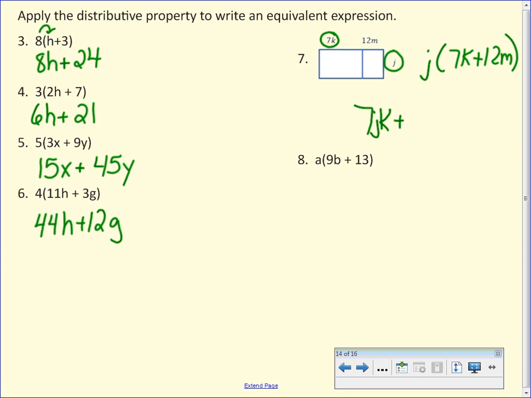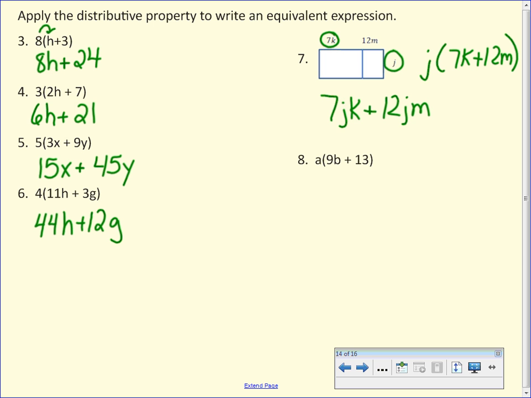So 7JK plus 12JM, so that our variables are in alphabetical order. Okay, you will lose points if you put MJ. Please make sure that's what you have written on your page.